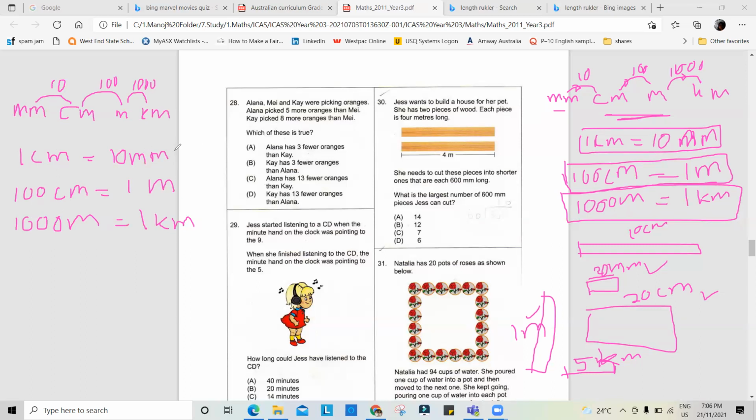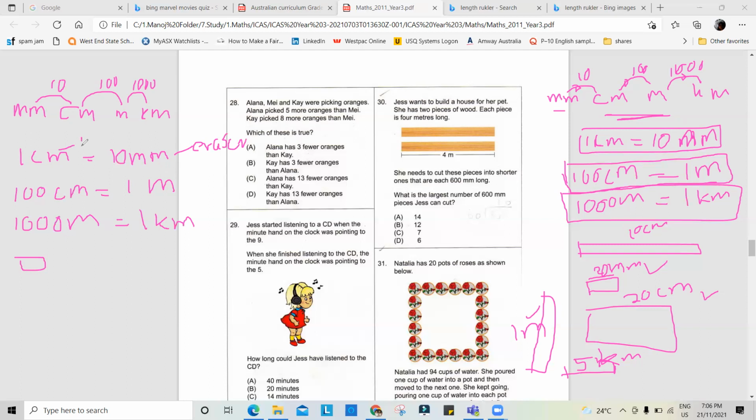What do you measure in millimeters? Very small lengths. Maybe I said eraser. You know eraser? Or maybe your cutter is very small, right? Then you can write the example, eraser.